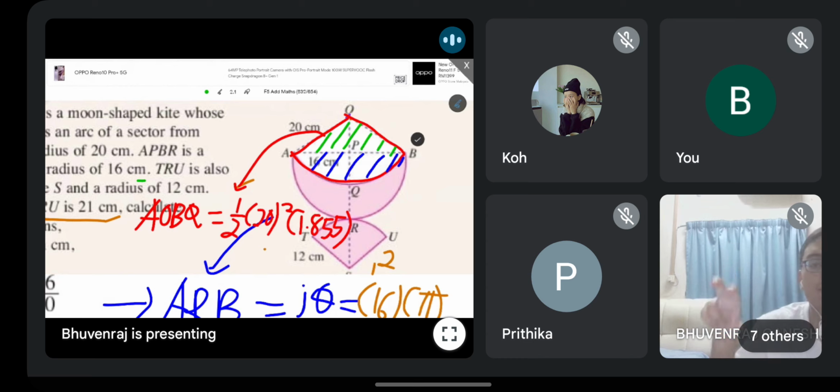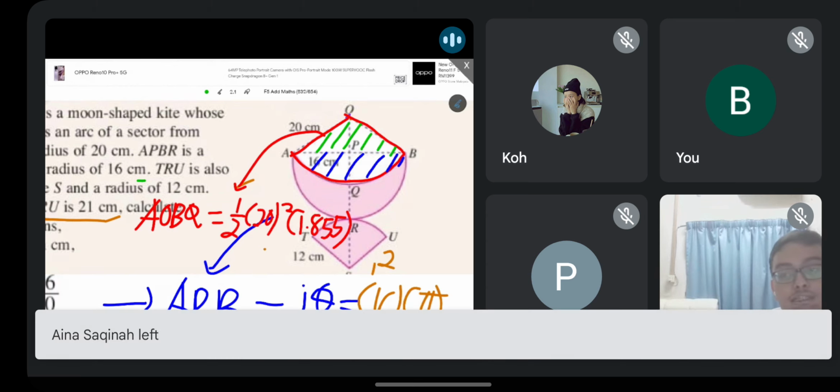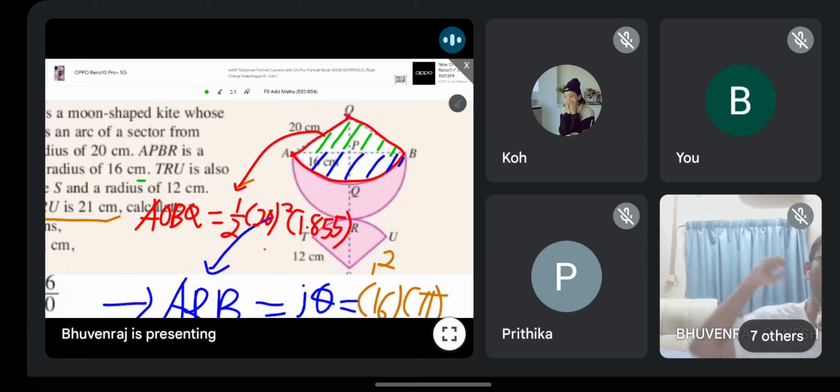So it's basically red minus green, I will get blue. Red minus green, you get blue. This is the concept, because we need to get the blue color first. Then we take the semicircle minus blue color, we will get the pink color region. So you need two steps. Find the blue color first, then find the pink color.